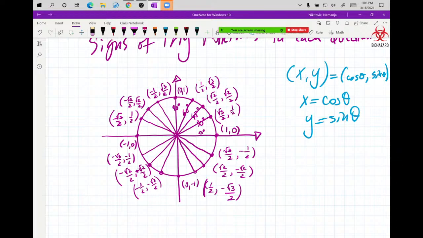So you see that the cosine is negative, and you see that the sine is positive. What does that mean for the division of the two for the tangent? Is it positive or negative?